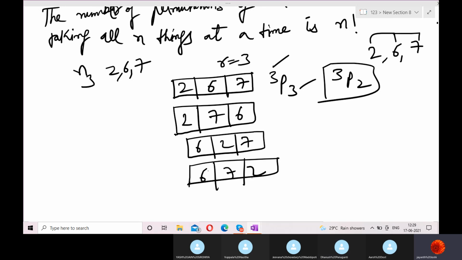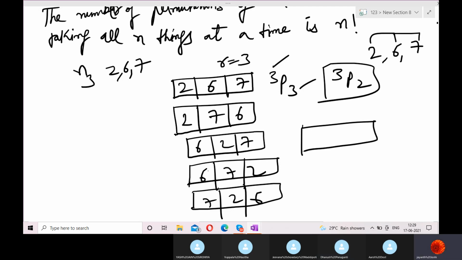And then 726, 762. Any other arrangement? No, sir. Any other ways? Please tell me. No, sir. We have taken all the ways available.